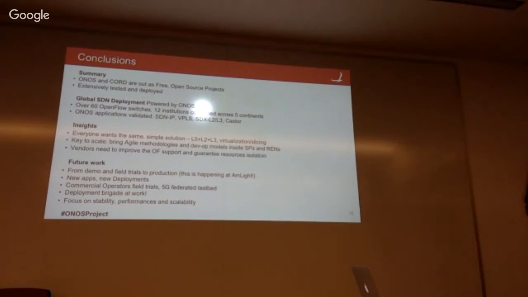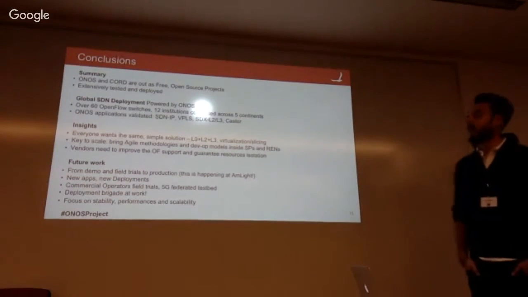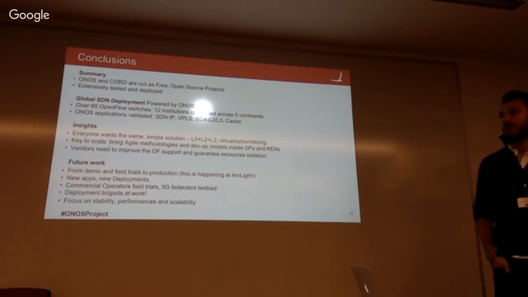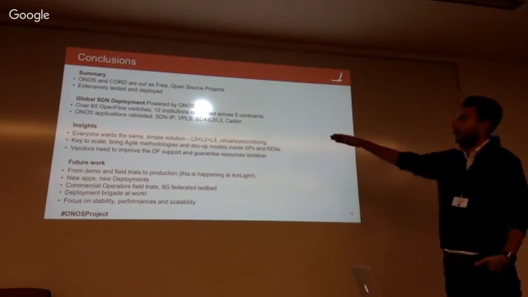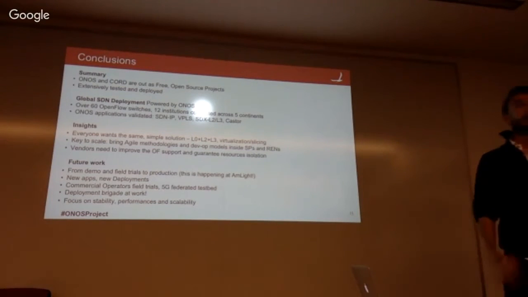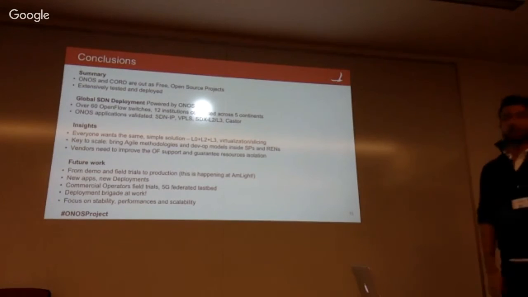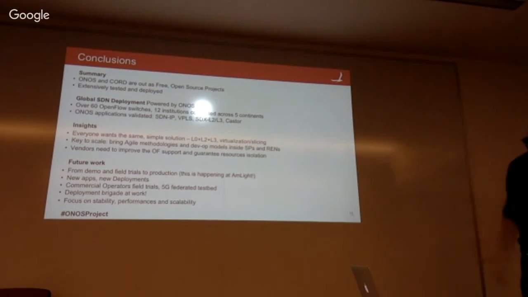Every one of us learned something from this experience. The good news is that everyone, well, at least a research network, is looking for the same basic solution, so covering layer 0, layer 2, layer 3, and possibly virtualization and slicing. Key to scale, bring in service provider and research network, the agile methodologies, and the DevOps models.